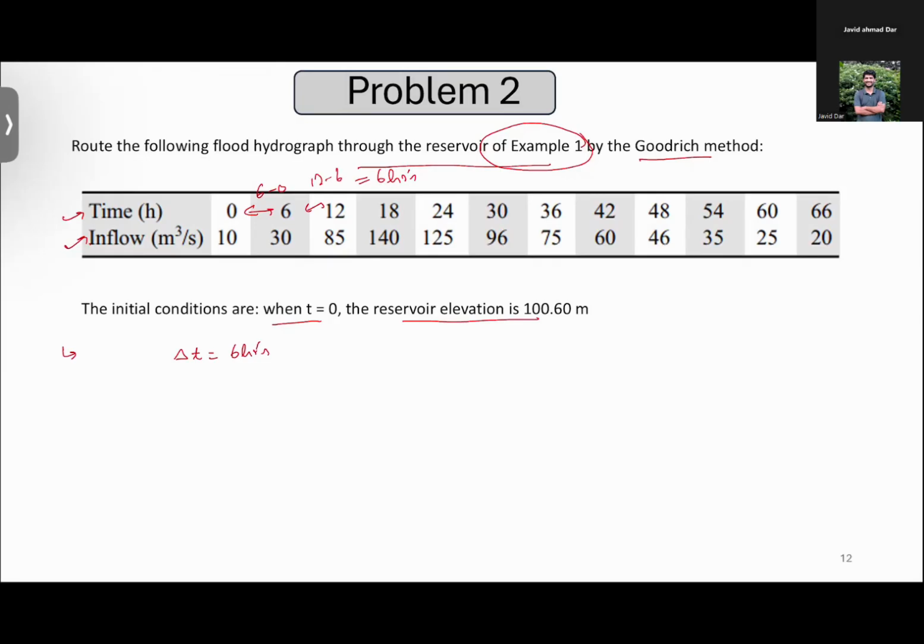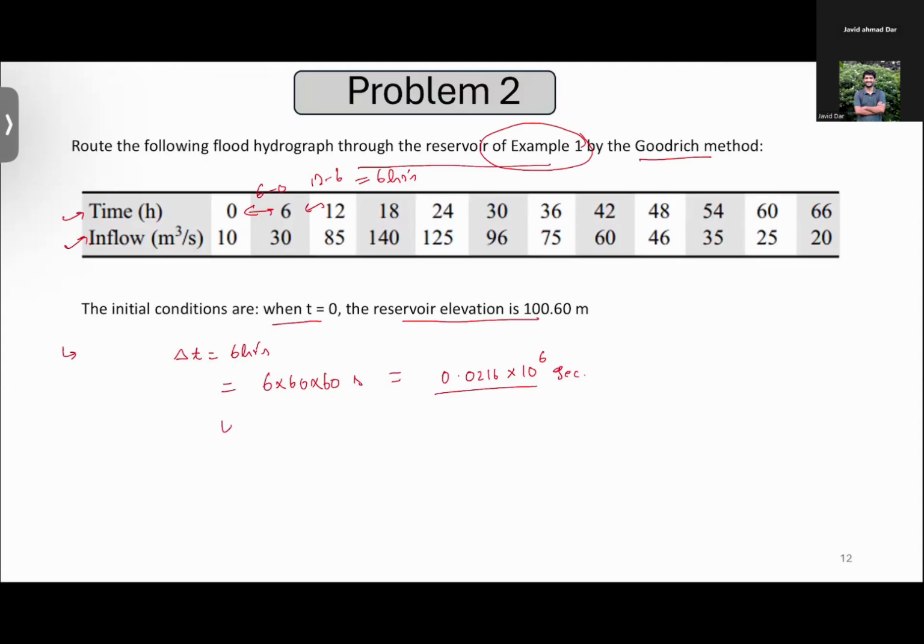If we convert it into seconds, this will be 6 into 60 into 60 seconds, which is 0.0216 into 10 to the power 6 seconds. The second thing is to prepare the Q versus H plot and the 2S upon delta T plus Q versus H plot. Once these two are plotted, then we can proceed.